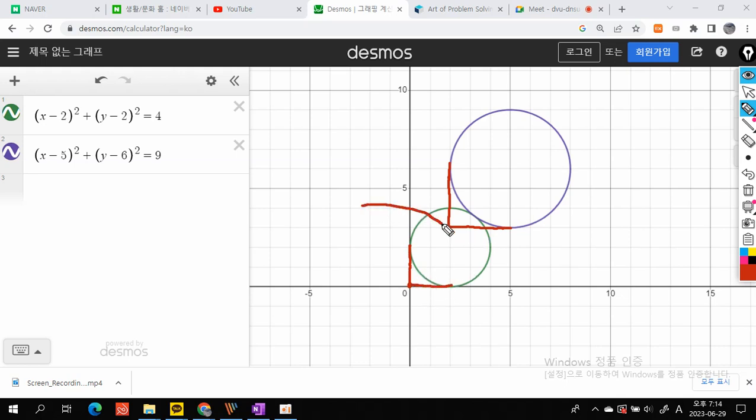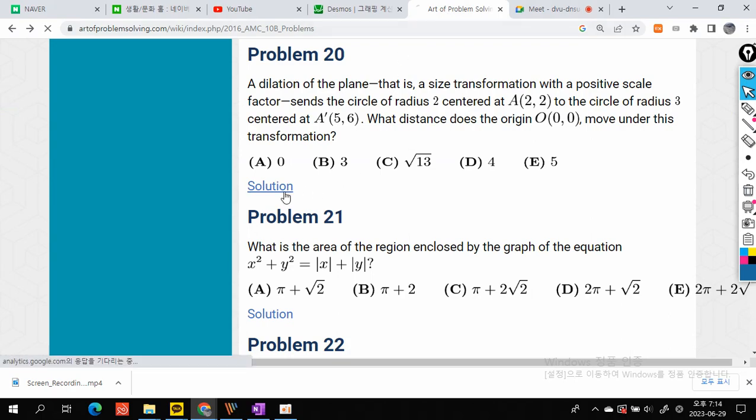What's the coordinate of this point? Yeah, 2 and 3. So what's the distance from the origin to the point 2 and 3 when you use the Pythagorean theorem? So what's the length of this? Yep. So the answer is C.